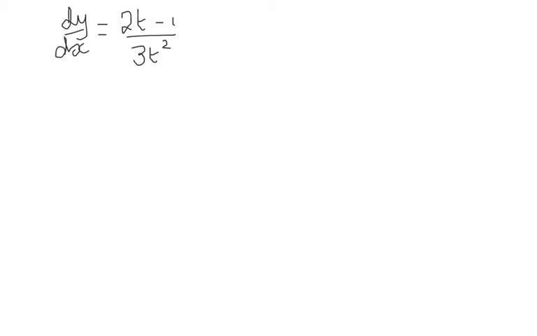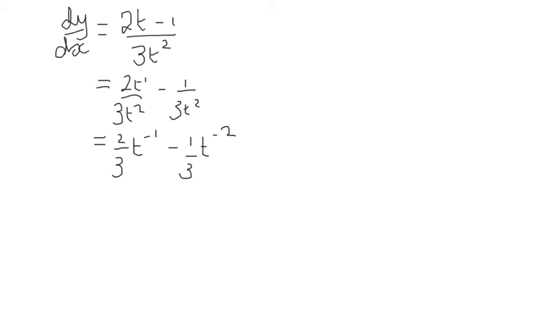It's probably easier just to individually divide by 3t squared rather than doing the quotient rule. And rearrange this. So we've got 2/3. We'll put t with a negative power. That's t to the 1, 1 subtract 2 is negative 1. Then negative a third, t to the negative 2.